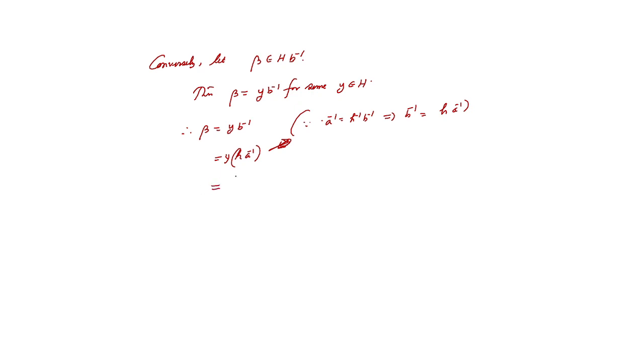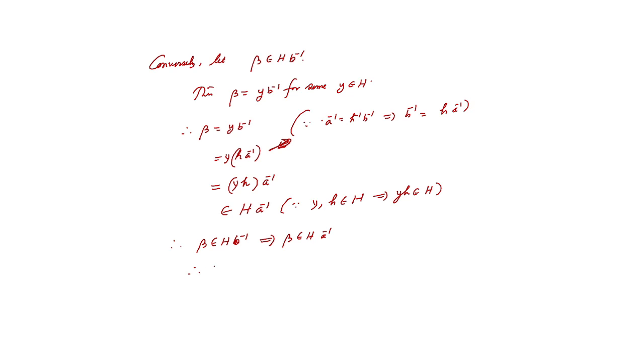So from that we can write by associative law y h a inverse, and that belongs to Ha inverse. Why? Because y and h both belong to H, that implies by closure property yh belongs to H. So that means beta belongs to Ha inverse. Therefore we can say Hb inverse is a subset of Ha inverse.